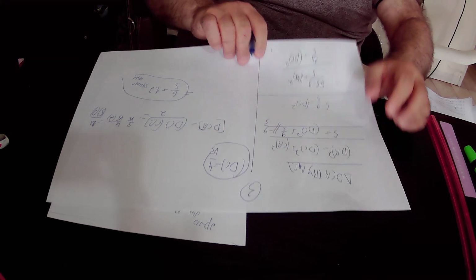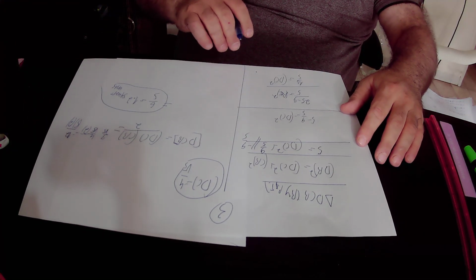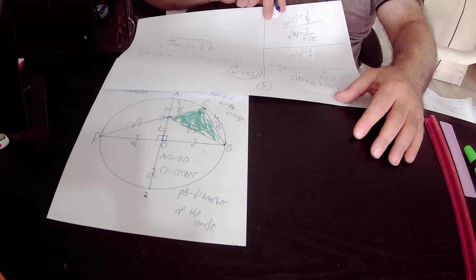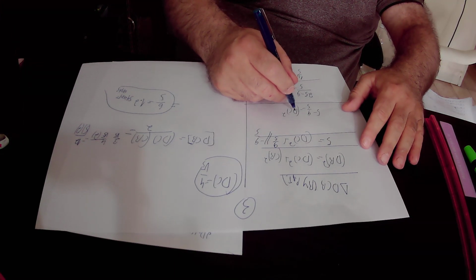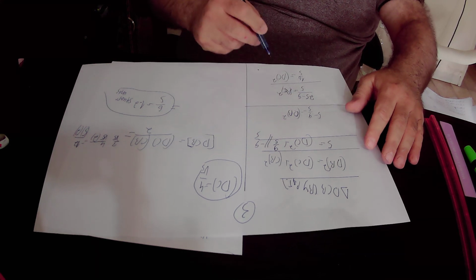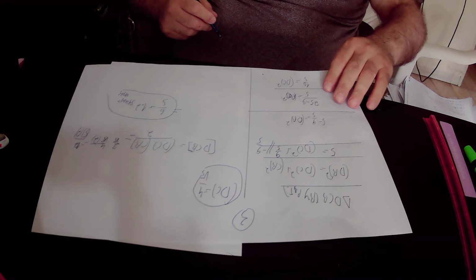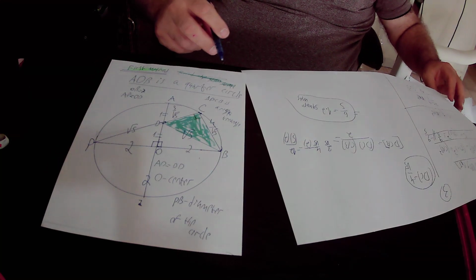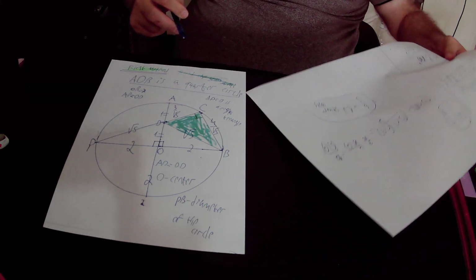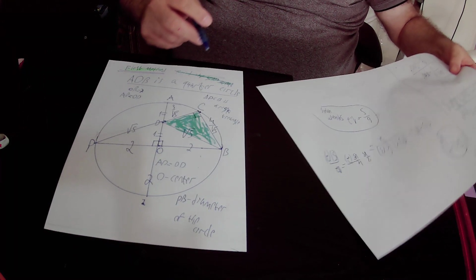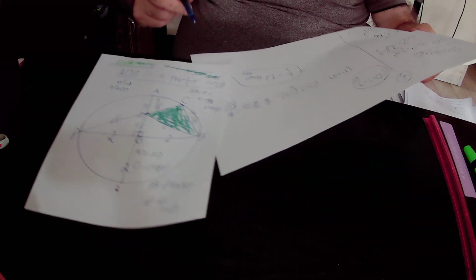And the missing side here is CB. So we found that 5 minus 9 over 5 equals CB square.